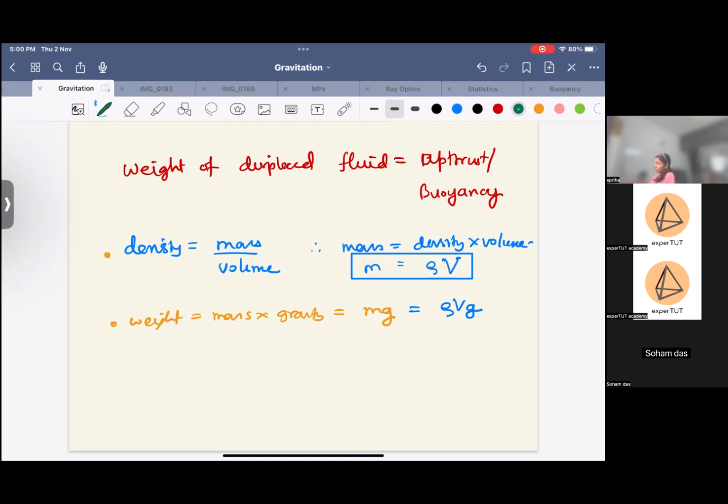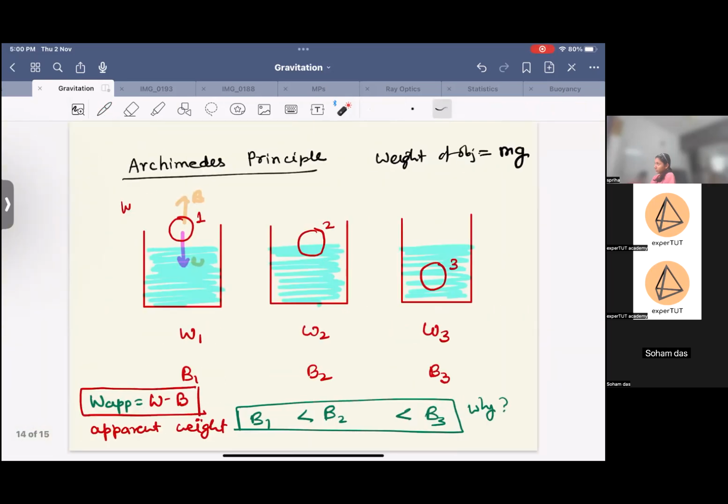To understand this, what is Archimedes principle? You said B3 is more than B2 is more than B1, because we said the more it is submerged, the more the buoyancy. Why is that the concept?